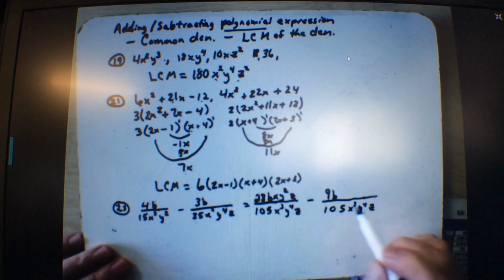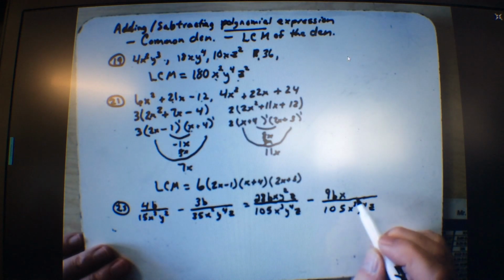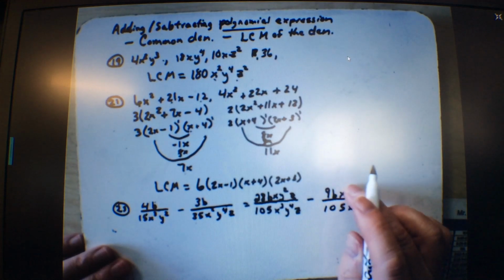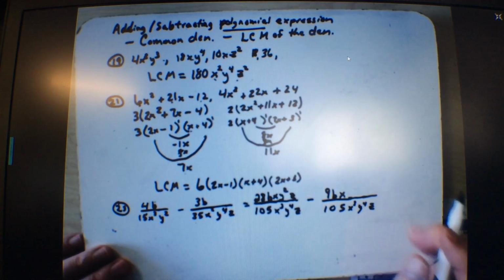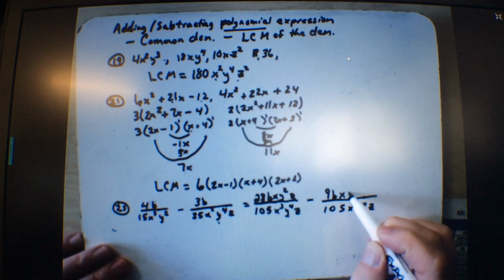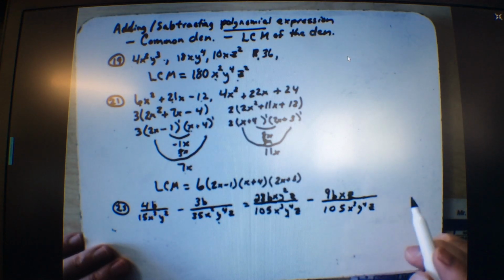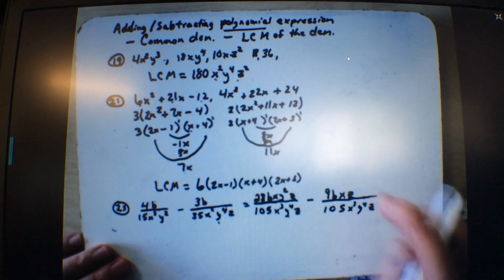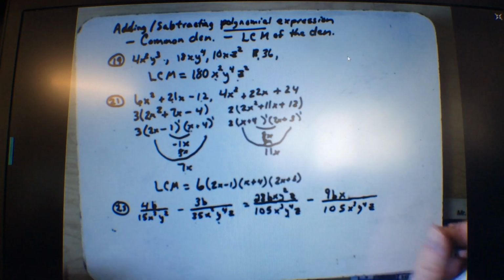How many x's? 1. How many y's? No y's. Why not? Because it's the same. This one has 4 and this one has 4, right? Z? No z. Oh, this one already has a z, doesn't it? So no z. So it's just that, isn't it?